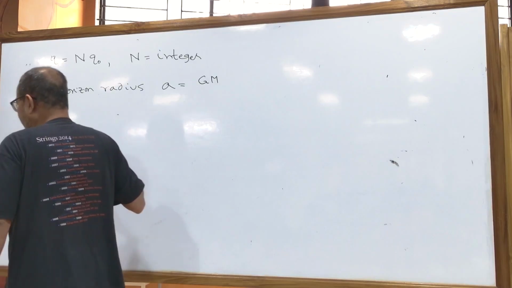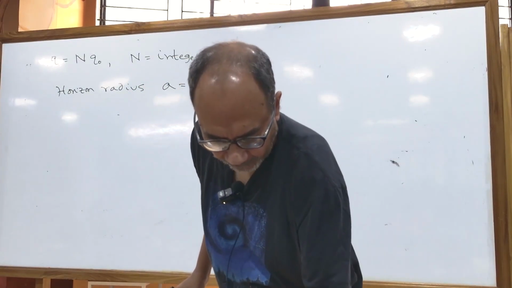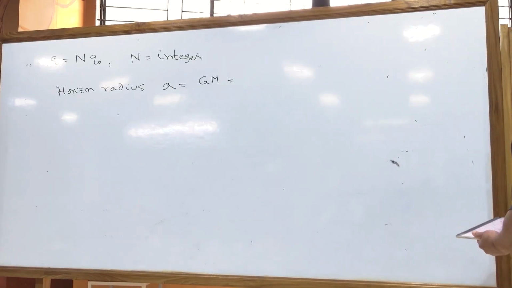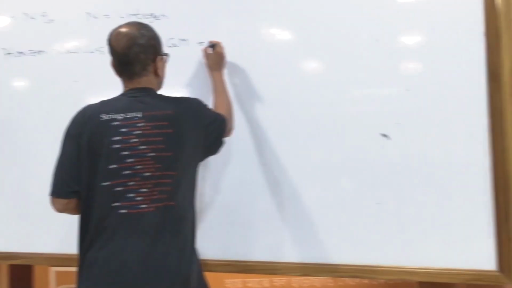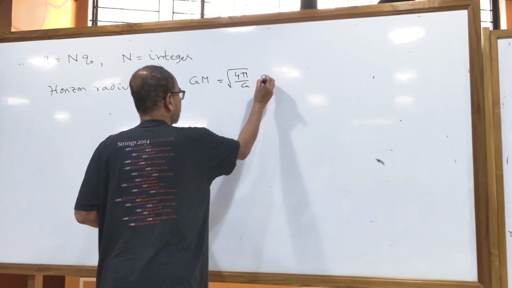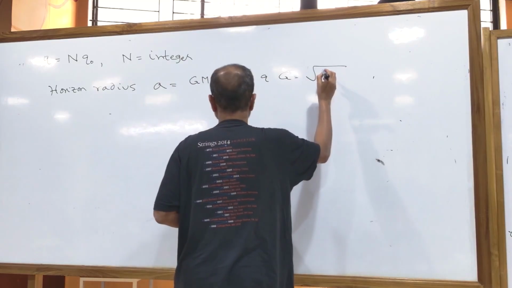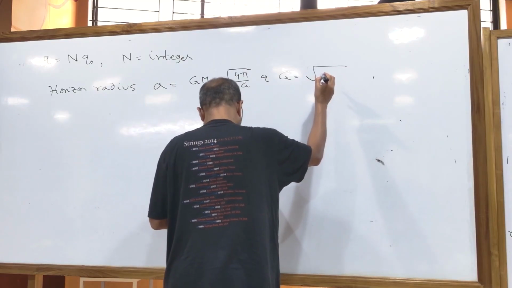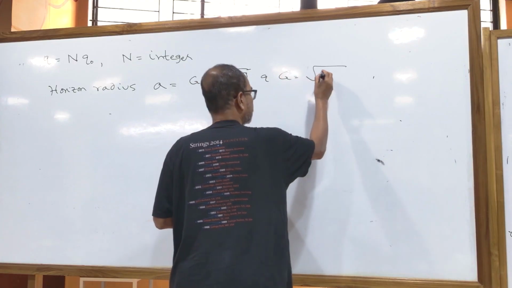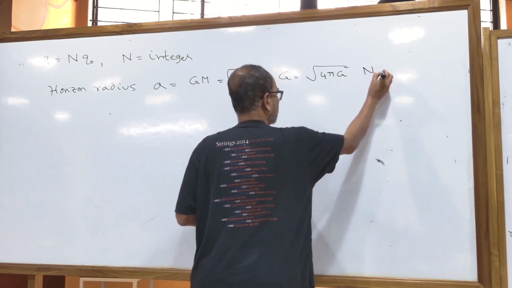It's GM, and if you plug in the value of M, I have probably erased it by now, square root of 4 pi by G times Q, times G, that is square root of 4 pi G times N Q naught.